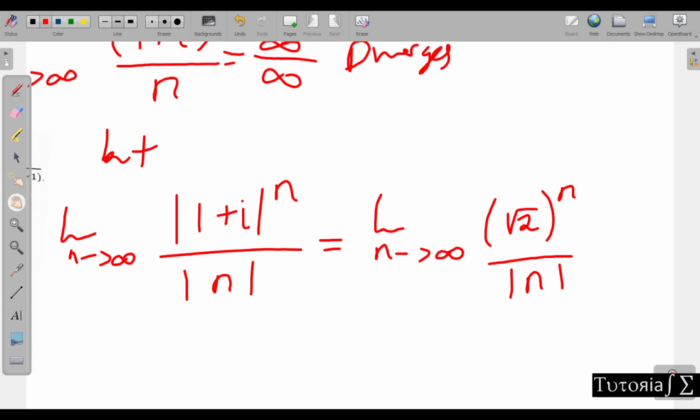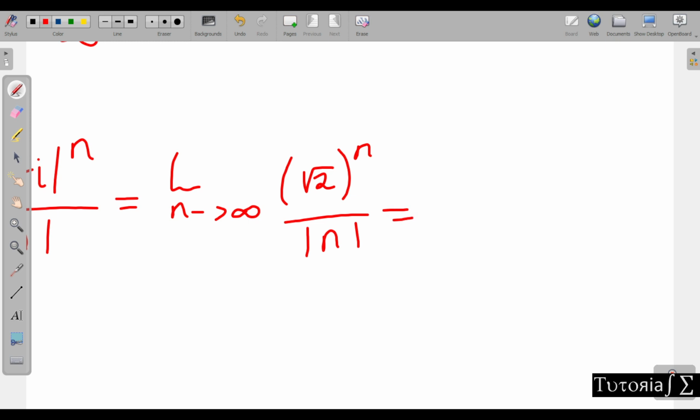But still this also diverges because we still have infinity over infinity.